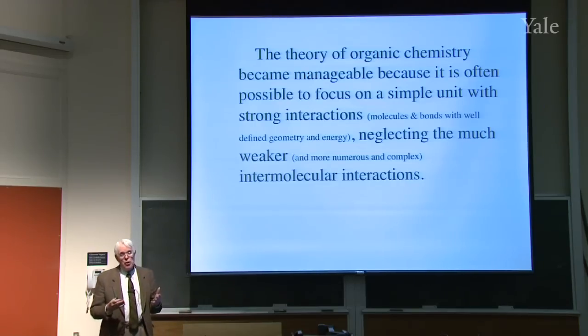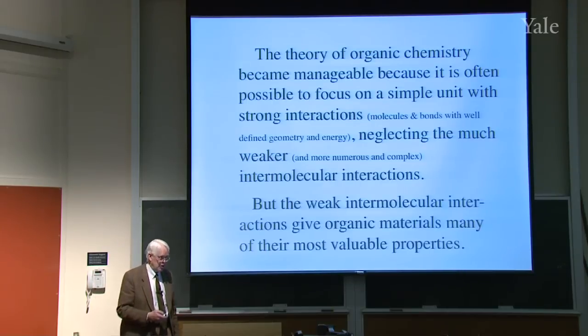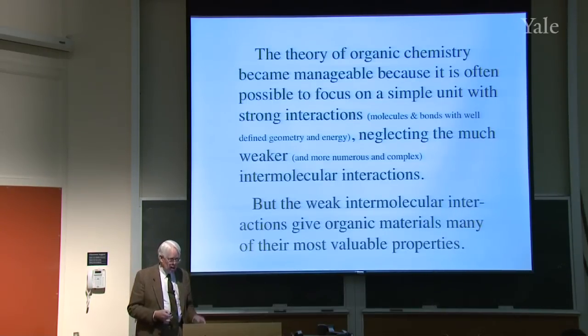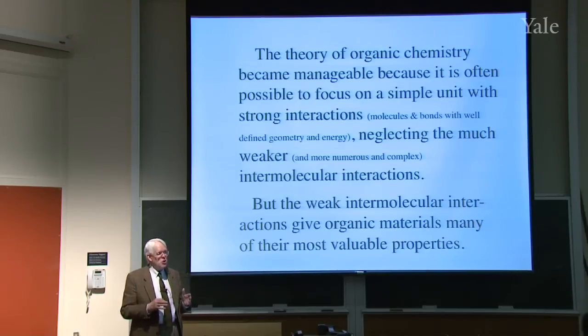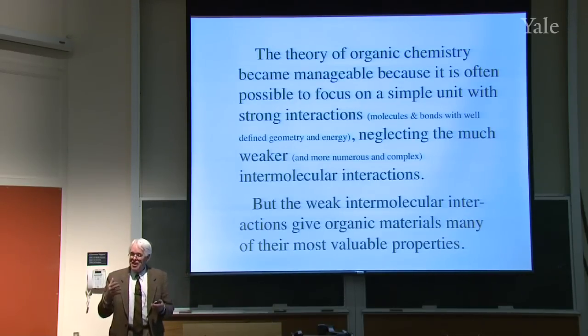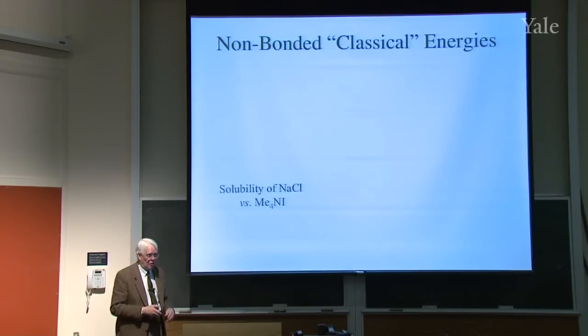It was essential to go into the gas phase to get a toehold on understanding chemistry, but if you want to understand real practical chemistry, you have to understand solutions. These weak intermolecular interactions give organic materials many of their most valuable properties. Most of the important properties in your bodies do not involve making and breaking bonds, but changing non-bonded interactions between things, and that's what we're going to look at for a little while now.